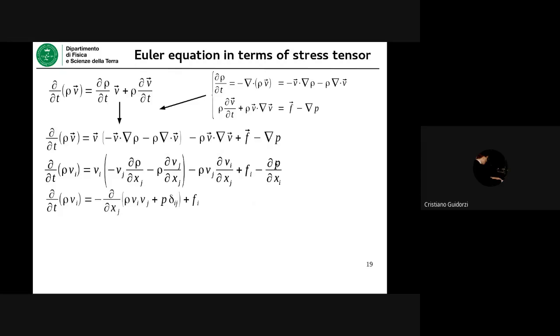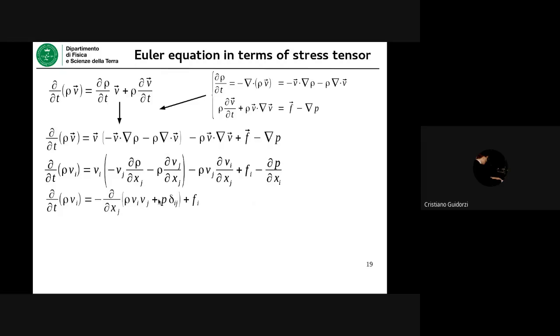Here I have the derivative of p with respect to xi. But you can express this as a derivative with respect to xj instead of xi, times delta, the Kronecker symbol ij, because it's a sum with respect to j. But because of the Kronecker symbol, it is as if you were just deriving with respect to xi, which is exactly what we had here.